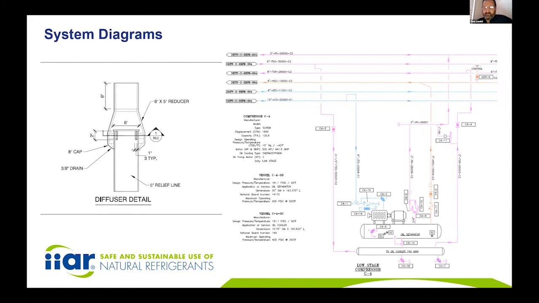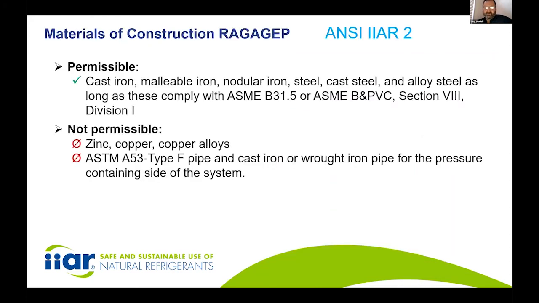Now, there's certain things in the materials of construction that are permissible and not permissible. And obviously cast iron, malleable iron, nodular iron, steel, cast steel, and alloy steel are fine as long as they comply with, as we stated, ASME B31.5 or ASME Boiler and Pressure Vessel Code, Section 8, Division 1.